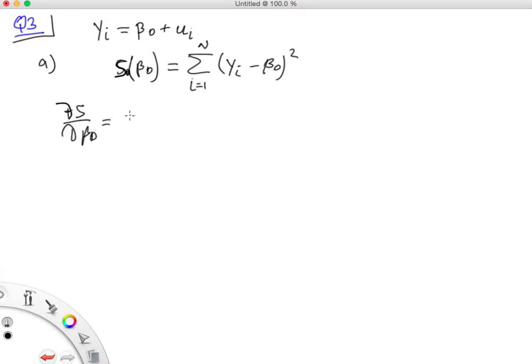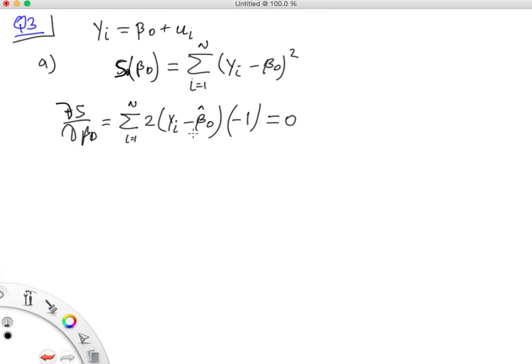If you take the derivative, again 2 comes to the front, and there's 1 to the power 1, and then if you take the derivative of the inside function with respect to beta 0, it will be minus 1. The sum from i equals 1 to n, and we equate it to 0. Now it's an estimator, so we'll just replace beta 0 with its estimator, or estimate in this case. If it is a number it will be an estimate, but we'll derive a formula in this case, that's why it's an estimator.